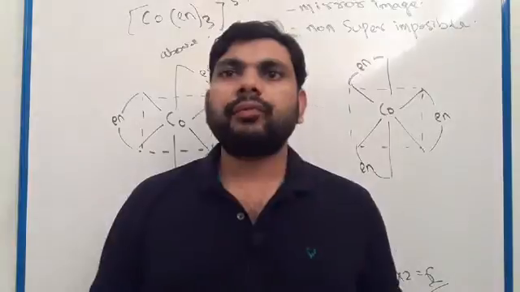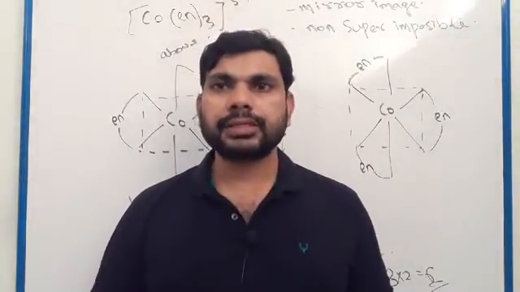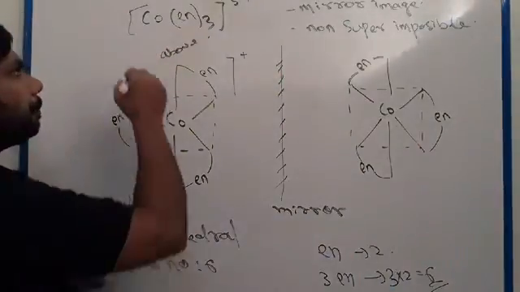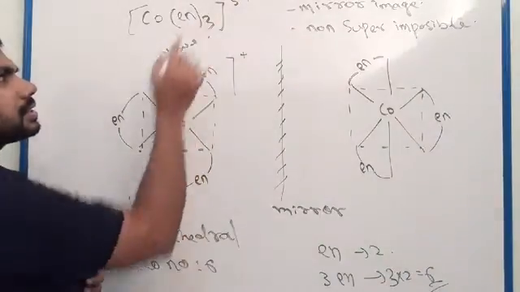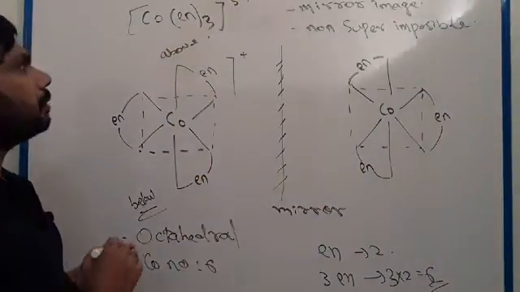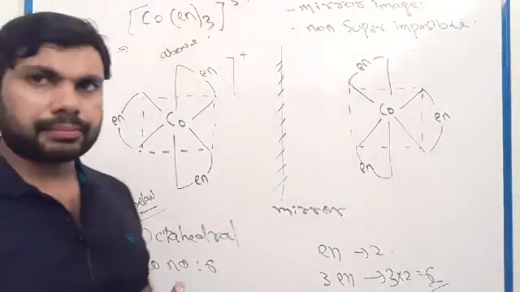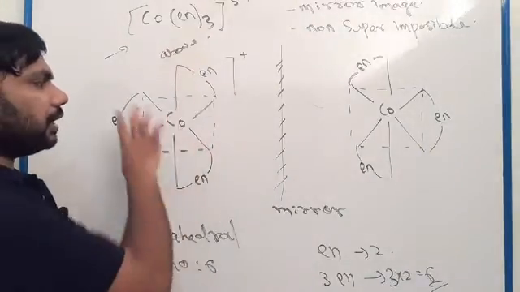Clear? Okay, next we have to understand an example for optical isomerism. See here, cobalt ethylene diamine thrice. This is an example for optical isomerism. See here, cobalt and 3 ethylene diamine.